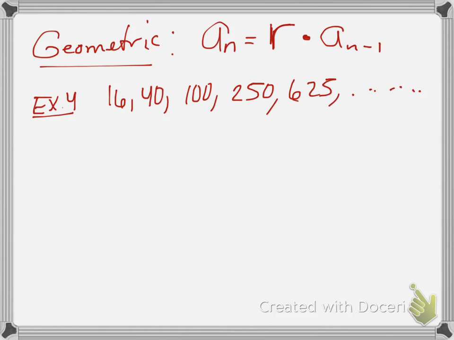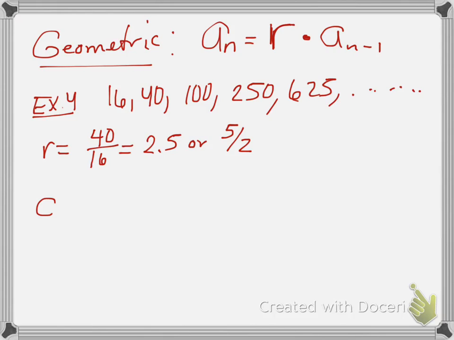So the only thing I really need to find is my who? R. And how do I find my R? 40 divided by 16 is? 2.5. Now that as a fraction is 5 over 2. And if you do 100 over 40, you're going to get the same thing.